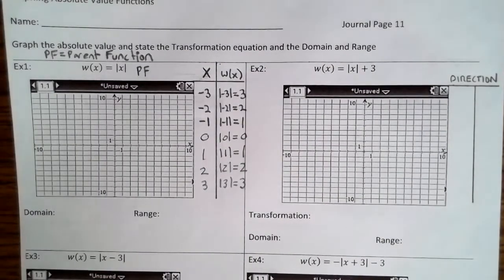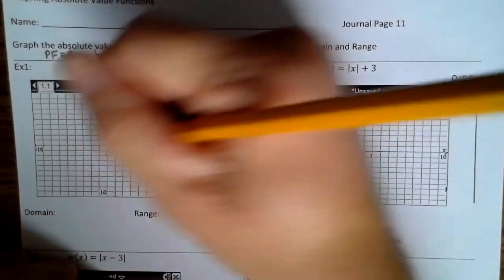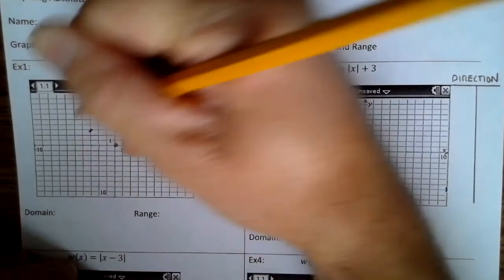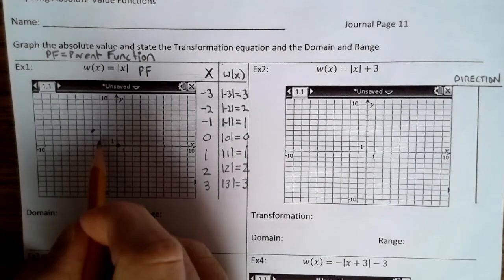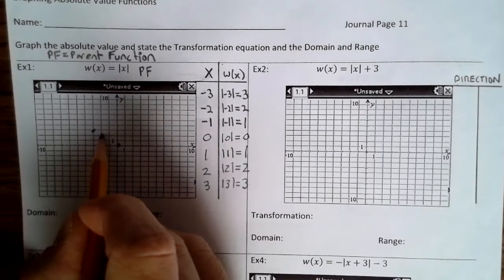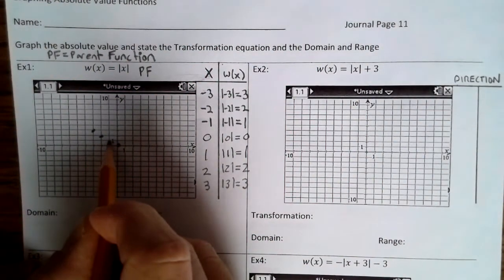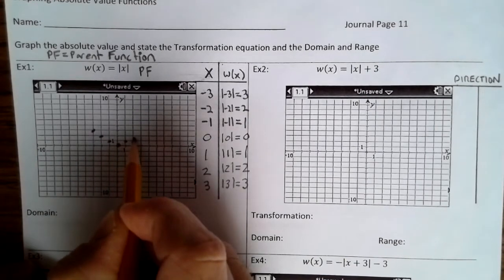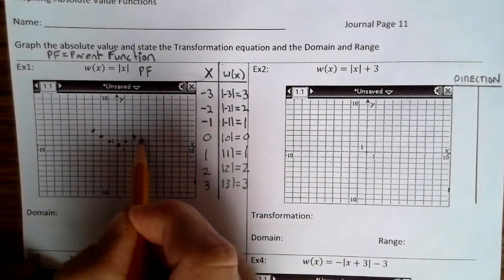So let's go ahead and graph the parent function. So (0, 0), (-1, 1), (-2, 2), (-3, 3), (1, 1), (2, 2), (3, 3).